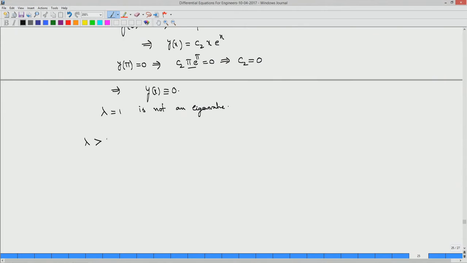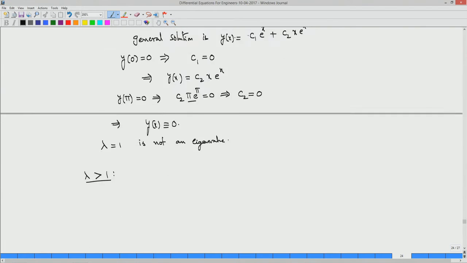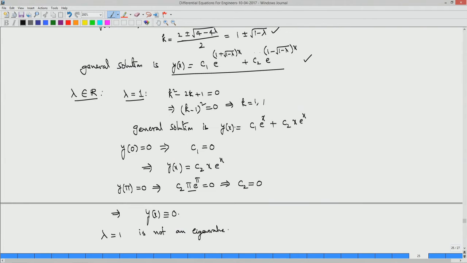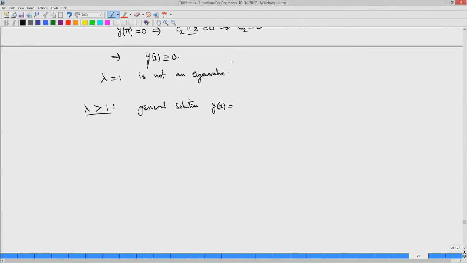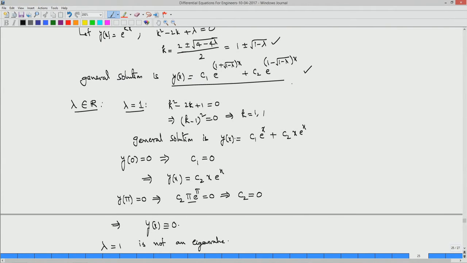If λ is greater than 1, then 1 − λ is negative. e^x is common, so you can take it out, and you have λ − 1 with i times the square root of λ − 1, since λ is greater than 1.